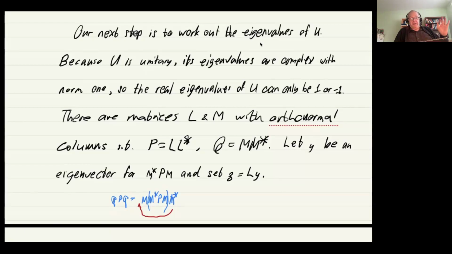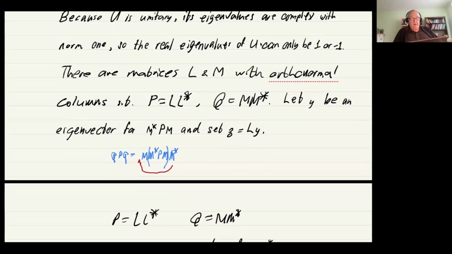The only ones you're missing are zero eigenvalues, so we're not going to worry about those. So we're going to work with this guy rather than QPQ. Okay, so that's the adjustment we're making. And then we're going to pick an eigenvector for this matrix, and we're going to construct a vector Z, which is L times Y. Okay, so Z's in the column space of L, so it's in the image of P, for what that's worth.